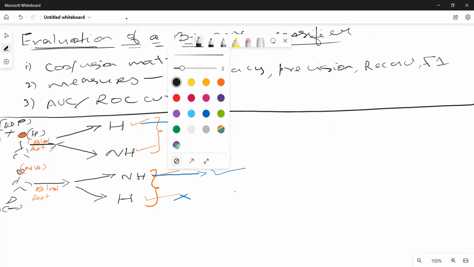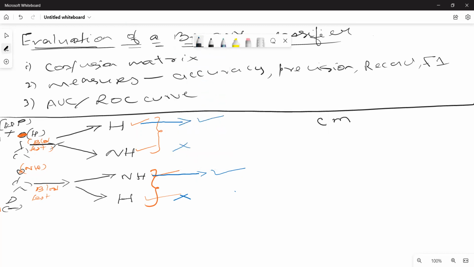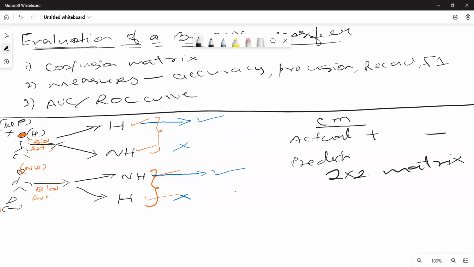So the confusion matrix is going to tell how many were the actual data, and in the predictions, how many are positive and how many are negative. So this is a 2 by 2 matrix. Let's take an example.